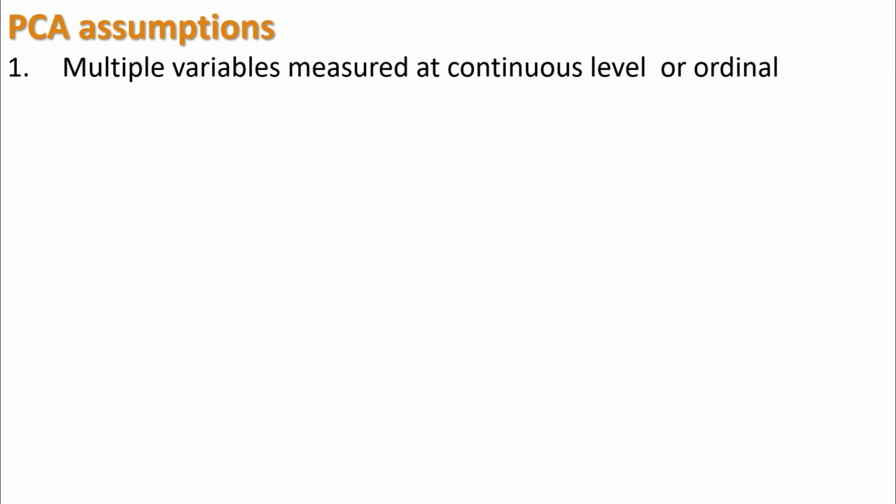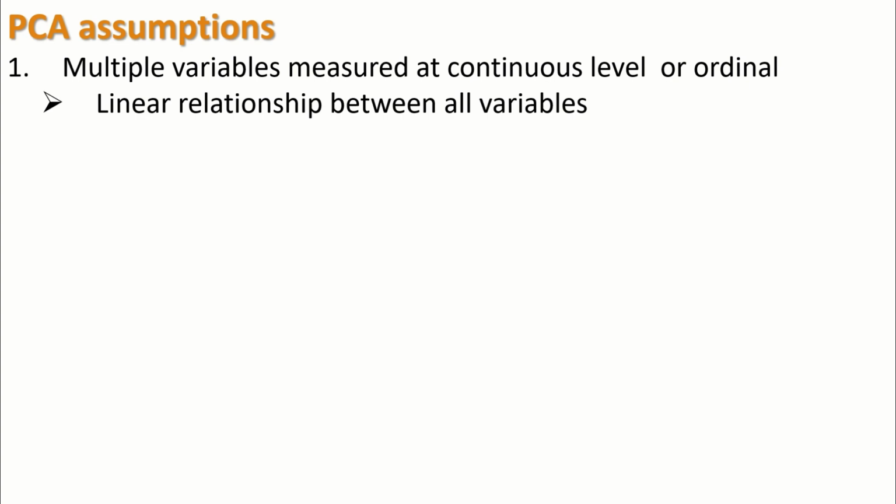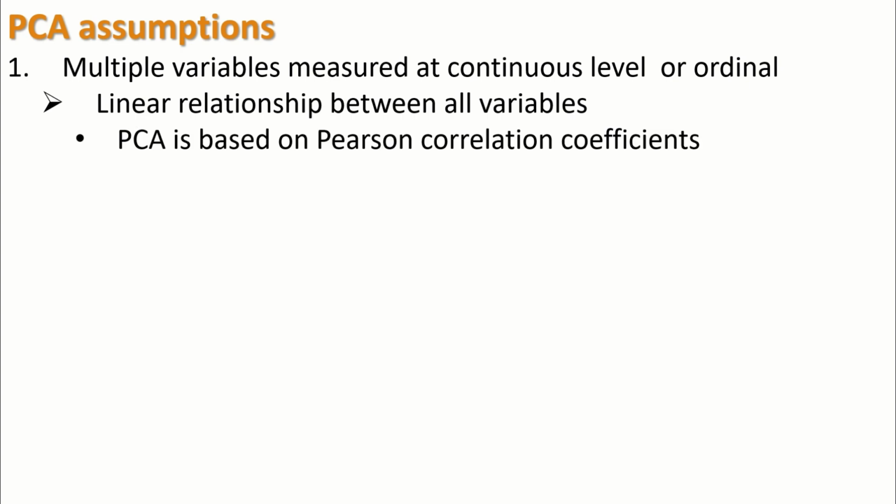So the data or the responses collected from participants completing the questionnaire can be ordinal, based on a 5 Likert scale from 1 to 5, or 7 or 9, and so on, or the responses can be a continuous variable. So there should be a linear relationship between all variables if they are continuous.